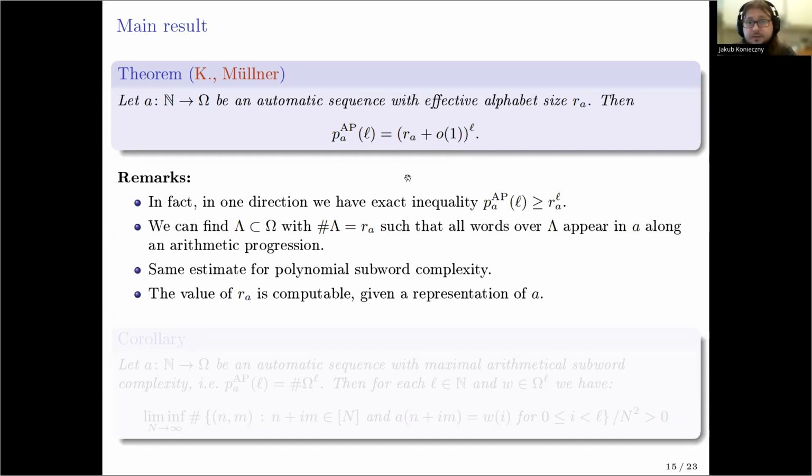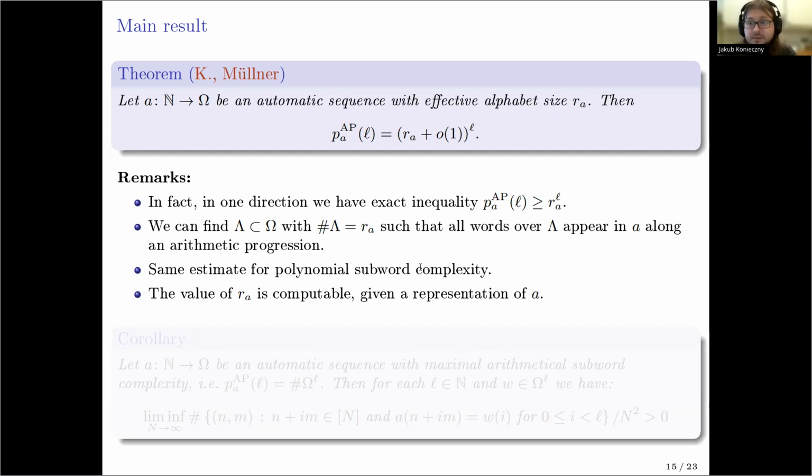In fact, in one direction, we have an honest-to-God inequality where the subword complexity grows at least as fast as R to L. And in fact, we can find a family lambda of symbols such that every word over lambda appears along an arithmetic progression.